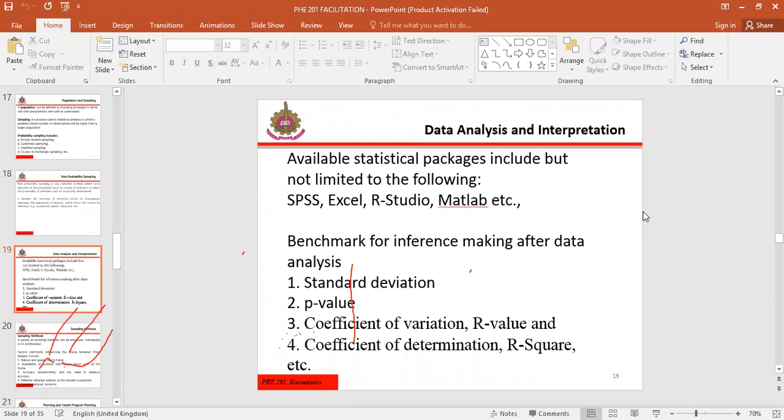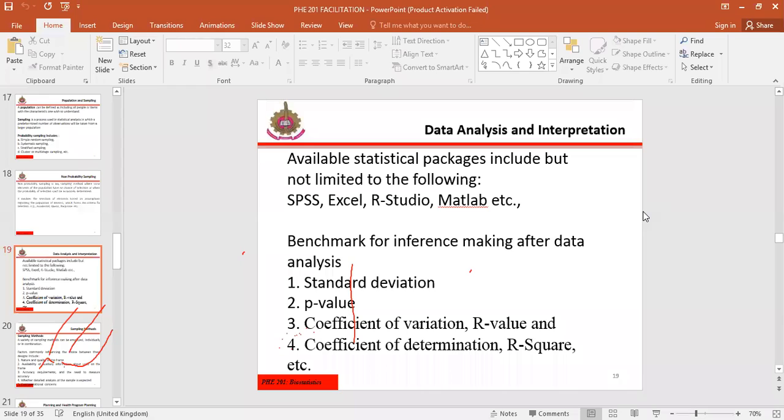Now, for any form of analysis that you are doing, we have a series of benchmarks for inference making. That is, you have some values or results with which you must come out before you can say that you've really had a good and reliable analysis.